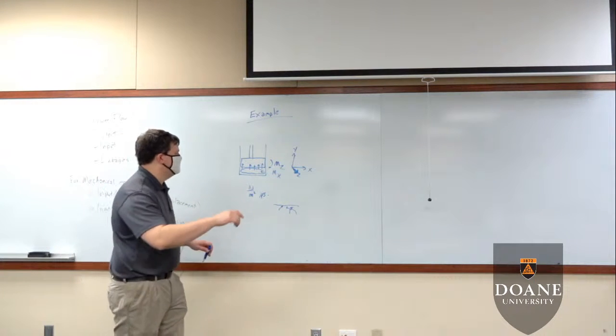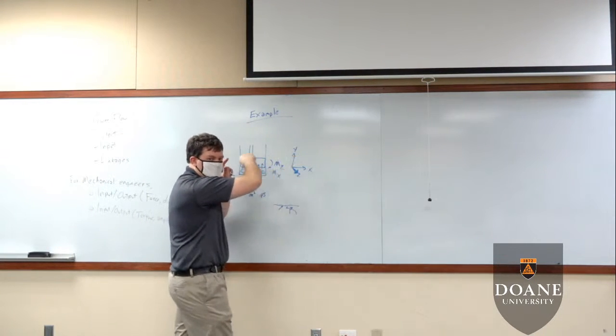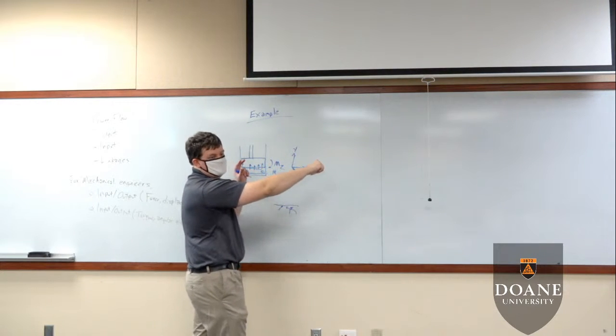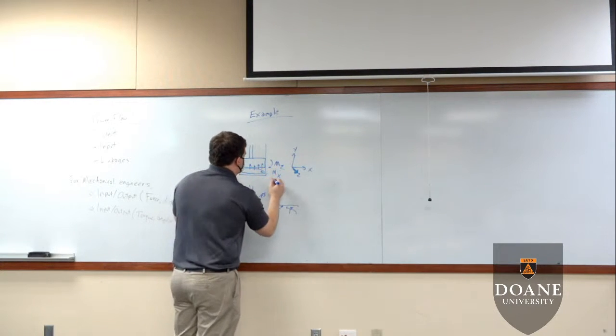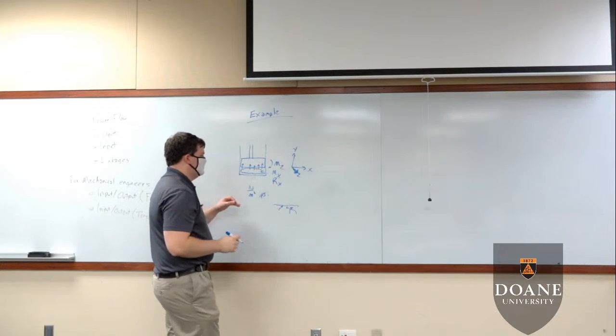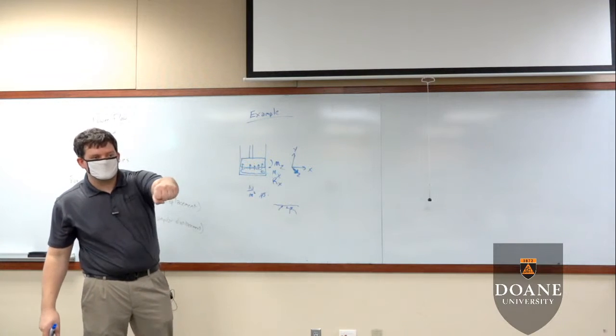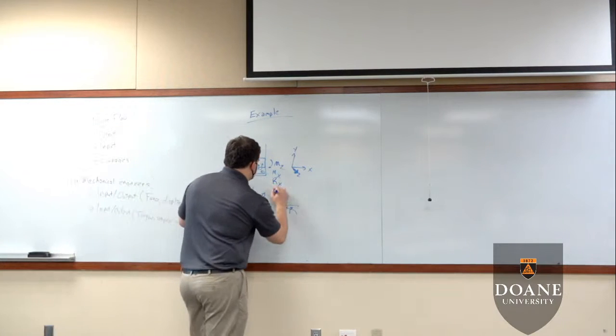Similarly, if I wanted to grab this piston cylinder head and pull it in the x direction, I'm not going to be able to, because there's an x directional force. So I'm going to call that Rx. If I wanted to pull it in the z direction, there's a z directional force that prevents it from going that way too.